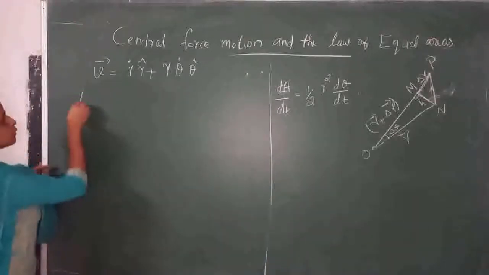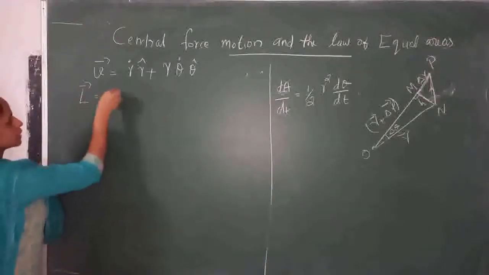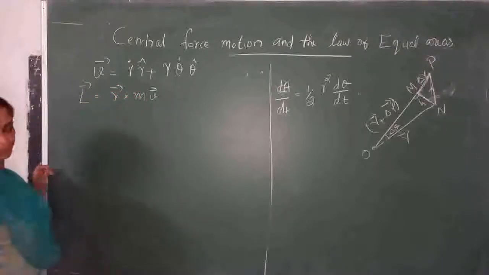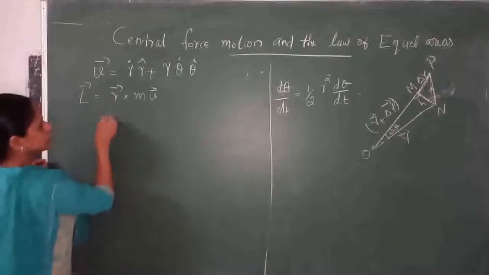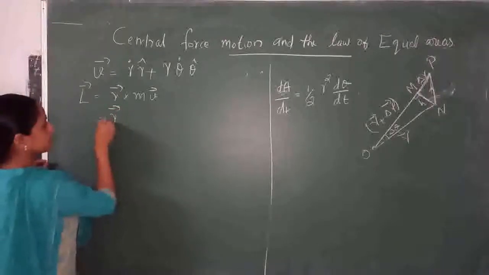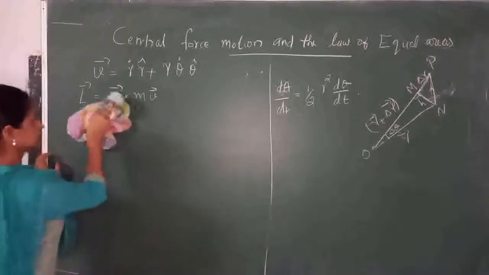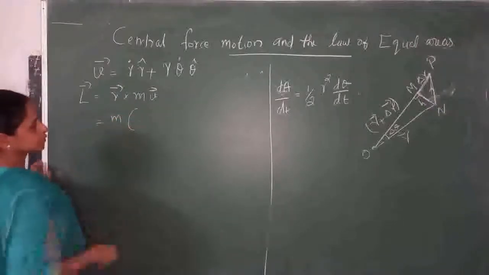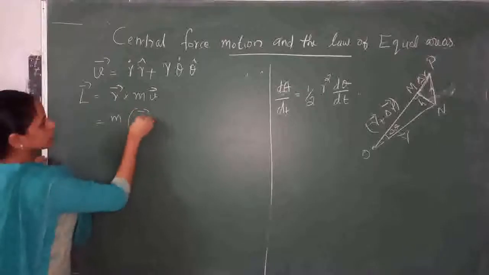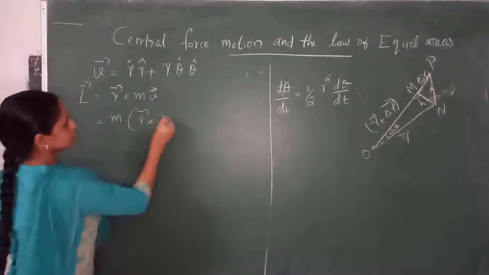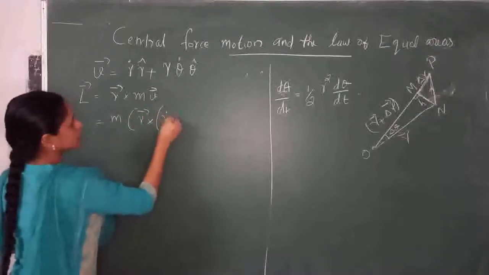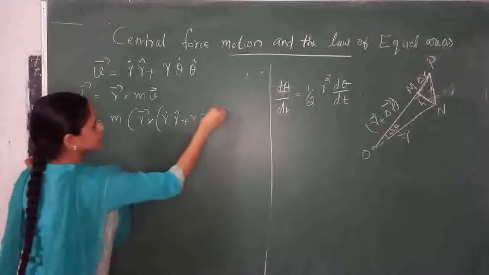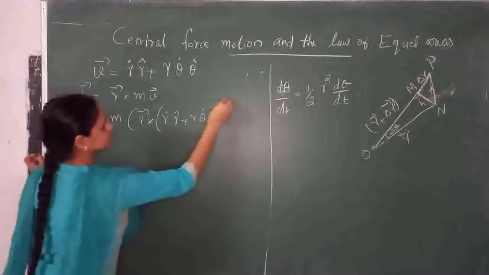Then the angular momentum L is given by r cross mv, which is equal to m into r cross v, where v is r dot r cap plus r theta dot theta cap.